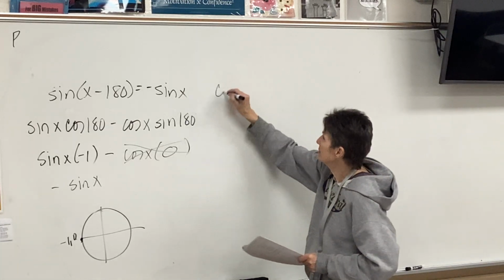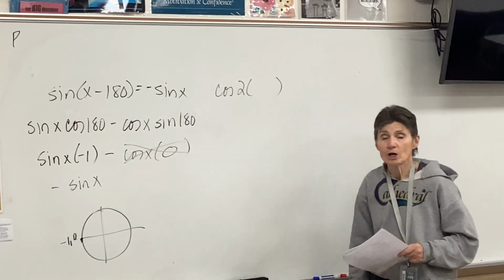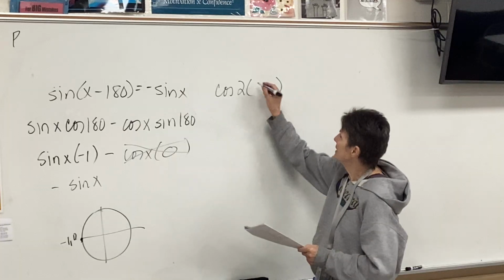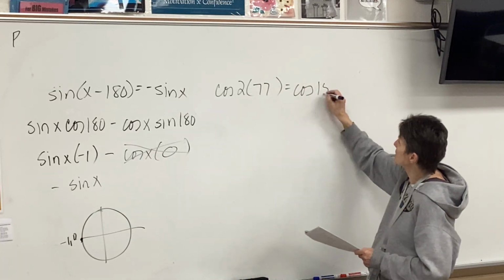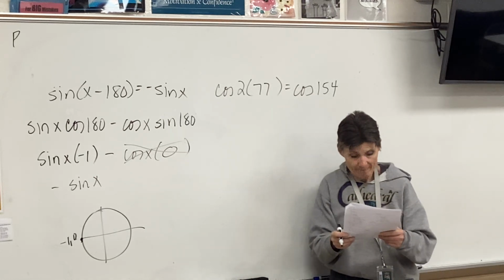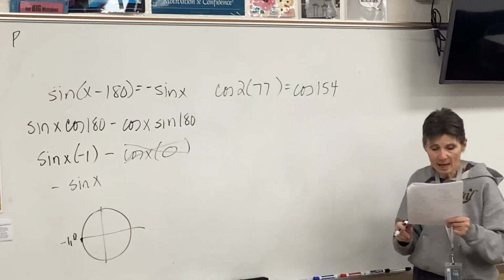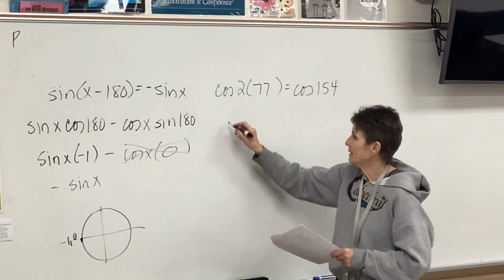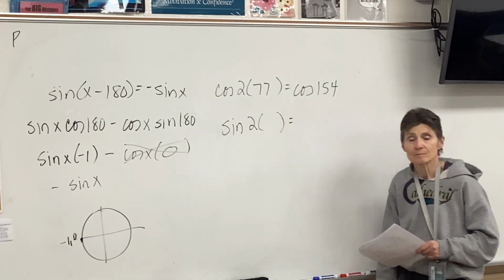Look on your sheet. That's a formula for the cosine of 2 times the angle, and the angle is 77, so that's a formula for the cosine of 154. Two sine cosine. That's a formula for the sine of 2 times the angle.